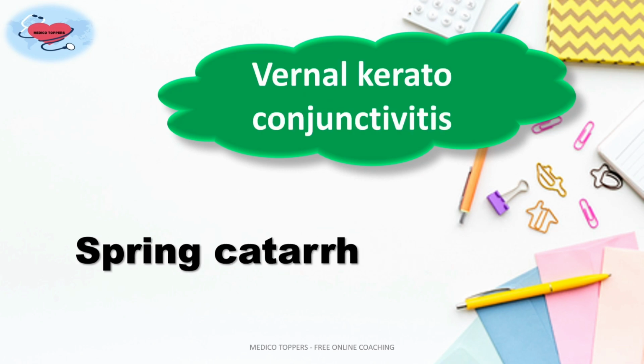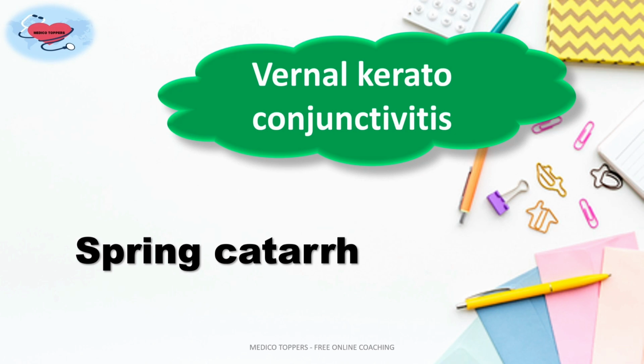Next, spring catarrh. Why did this name occur? Since this is commoner in spring season and warm climate, so its name has come. So this is vernal keratoconjunctivitis. VKC is also called spring catarrh. This is a type 1 hypersensitivity reaction. This is mainly seen in children and young adults.